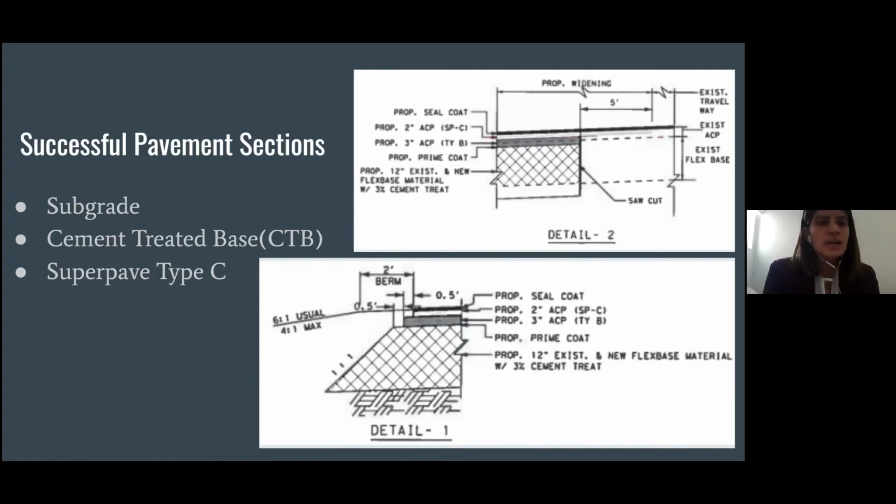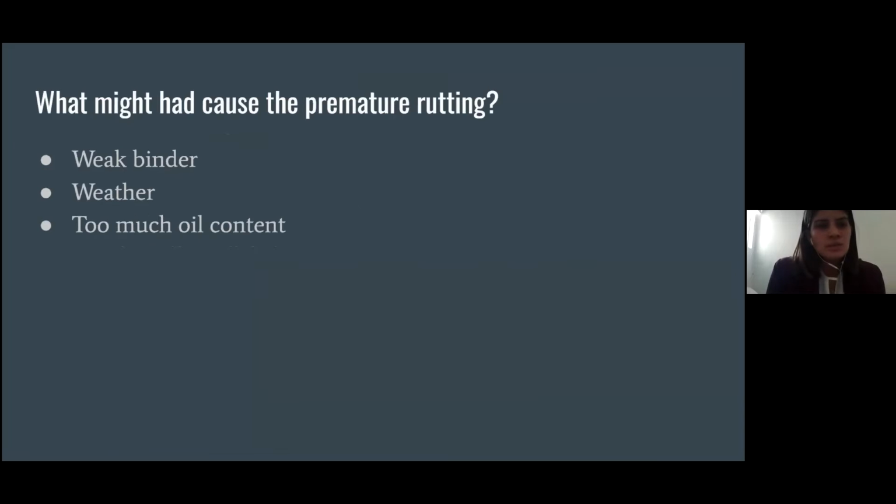The cement treatment base passed multiple tests such as the average back calculated modulus test, the phenolphthalein test, and the strain test. Then the Superpave Type C passed the Hamburg test. Through research, we arrived at the conclusion that the premature rutting was caused by a weak binder, weather conditions, and a high oil content related to the dense grade layer.